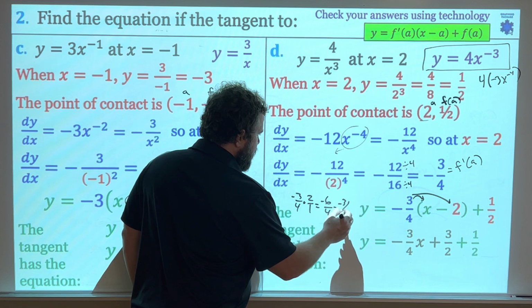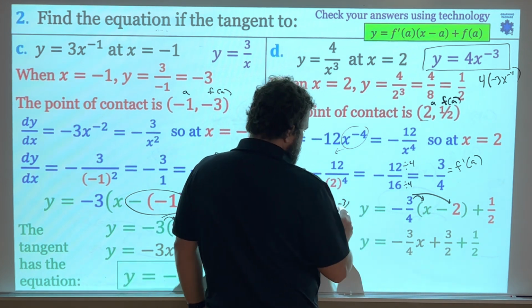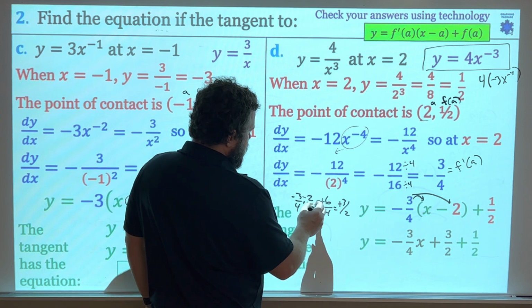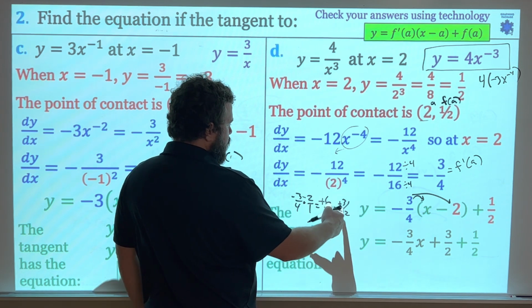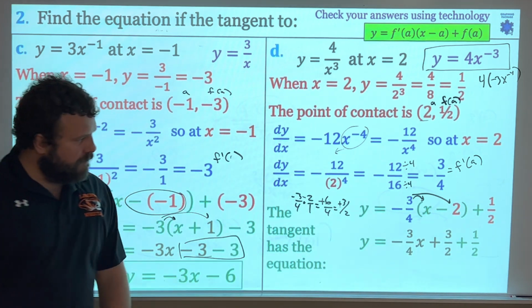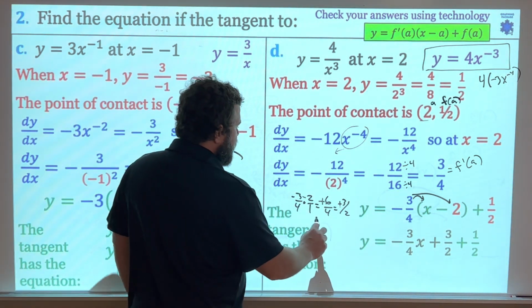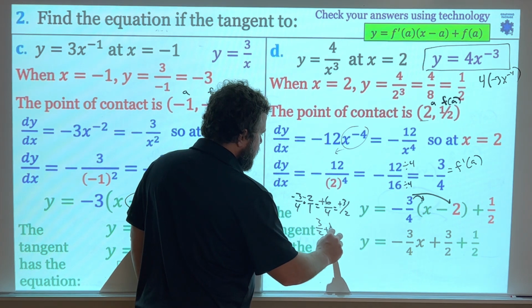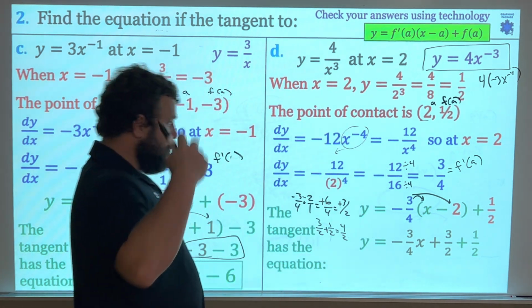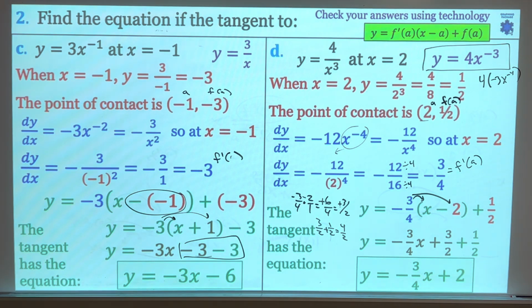That reduces to negative 3/2. Because this is a negative, sorry, this is a negative, so it becomes positive: negative and negative is a positive 6 over 4, which is positive 3/2. Plus 1/2, 3/2 plus 1/2 is 4/2, which is 2. Negative 3/4 x plus 2. Right?